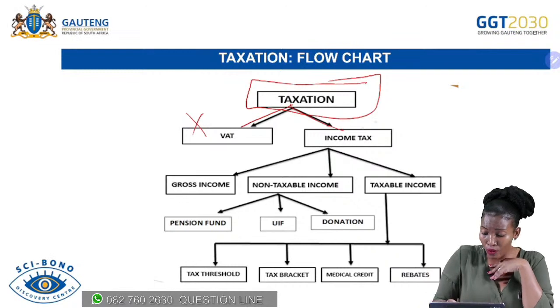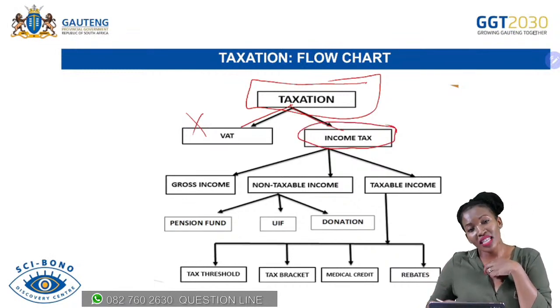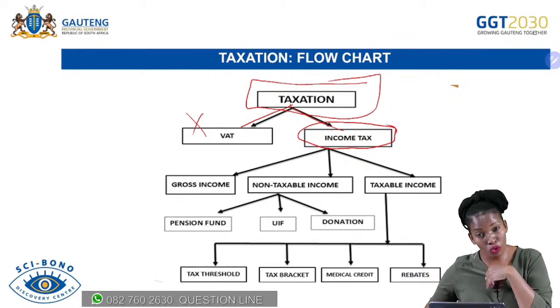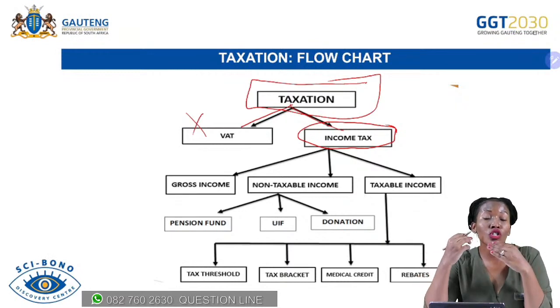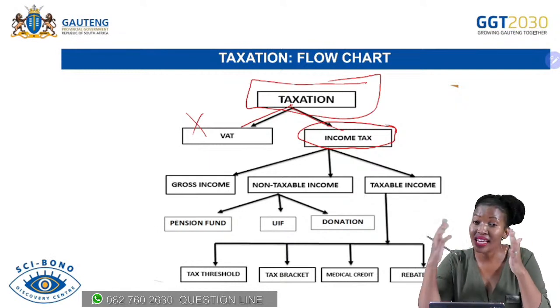And then, guys, we have what we call what? Income tax. And income tax is the tax that is contributed by the individuals that are earning an income. And just because you are earning an income, it doesn't mean that you are liable to pay tax.